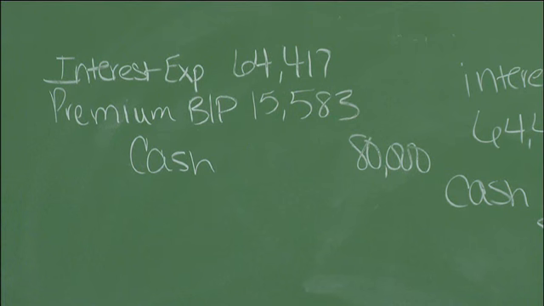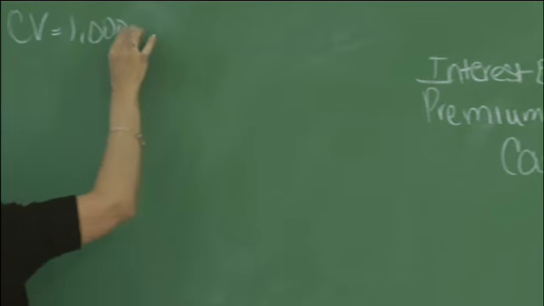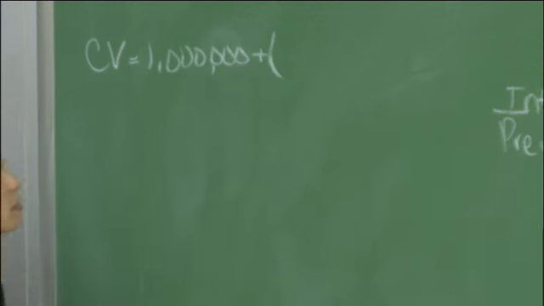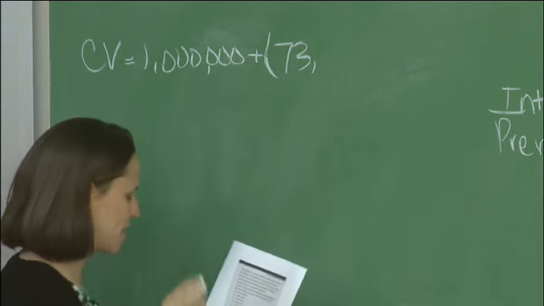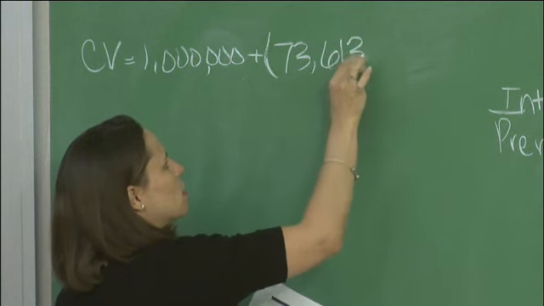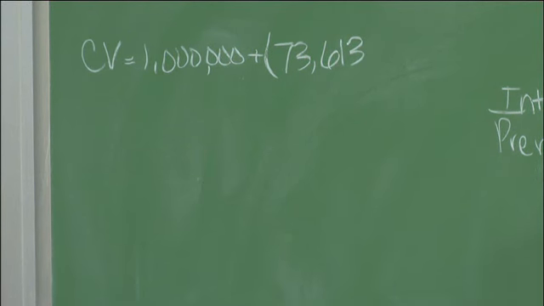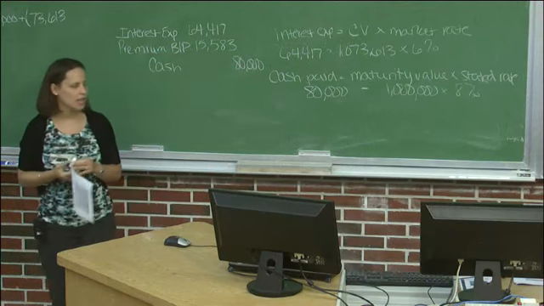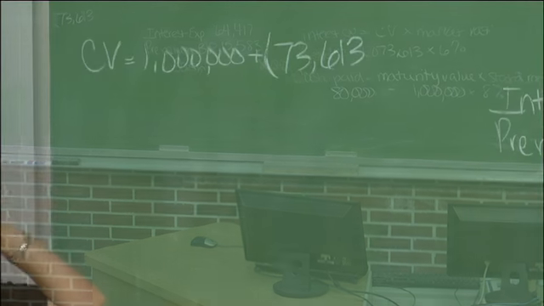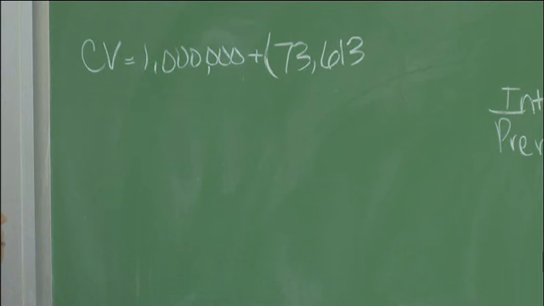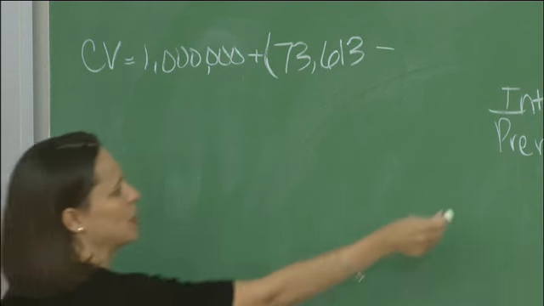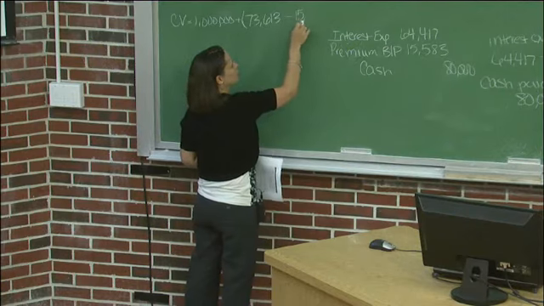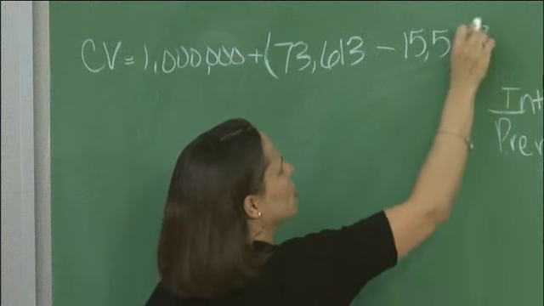We use that in order to now calculate what our carrying value is. Our carrying value is our maturity value plus our unamortized premium. We started off with a premium of $73,613. Again, that comes from the issue price of $1,073,613, so $73,613 above the $1 million maturity value. And we subtract off the amount that we amortized in the first interest period, the $15,583.